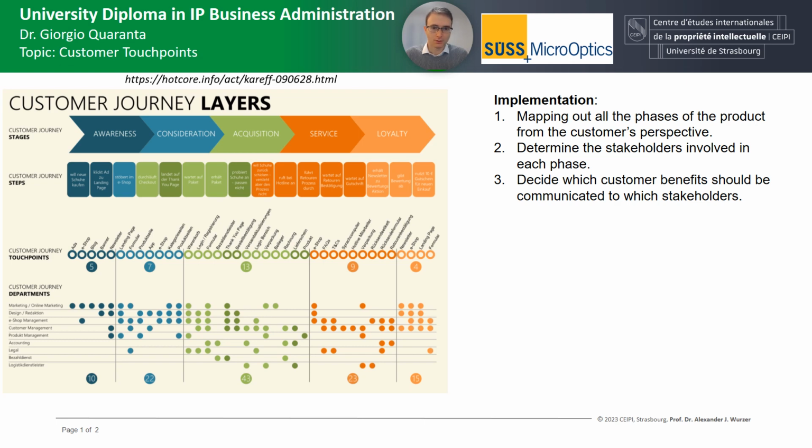Now, once we have a map between the stakeholders and the customer touchpoints, which can also be nicely illustrated in figures like the one on the left, called the customer journey map, we need to go to the next step.